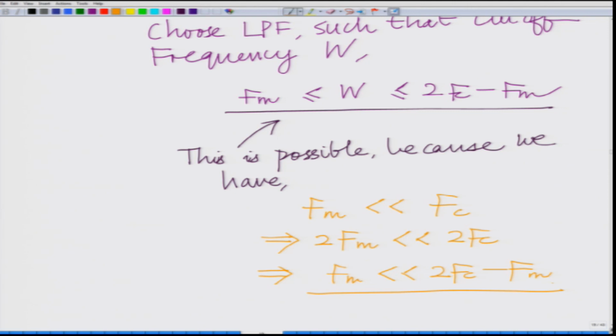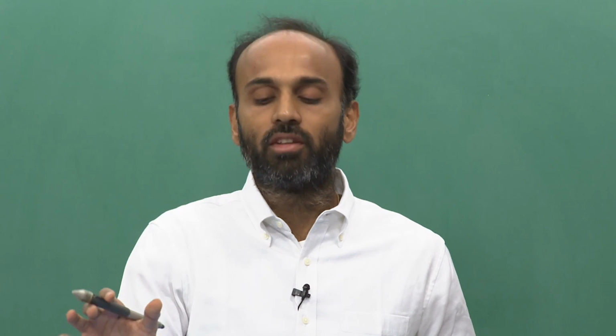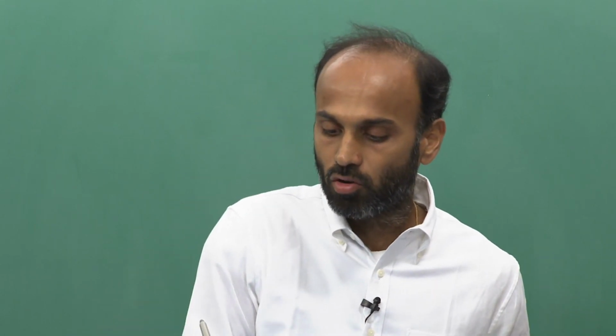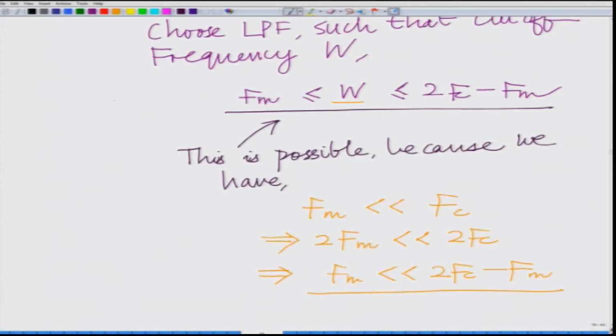So, because Fm, the message frequency, is much less than or equal to the carrier frequency Fc, this is indeed possible, and therefore, you can choose an appropriate cutoff frequency W. This W is termed as the cutoff frequency, alright.